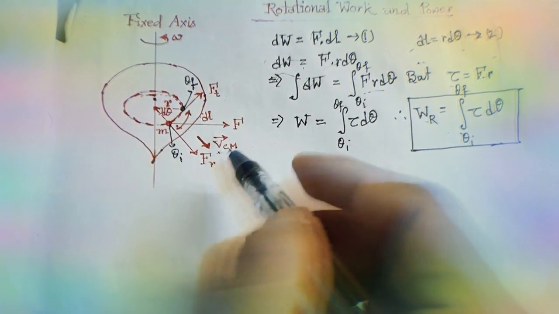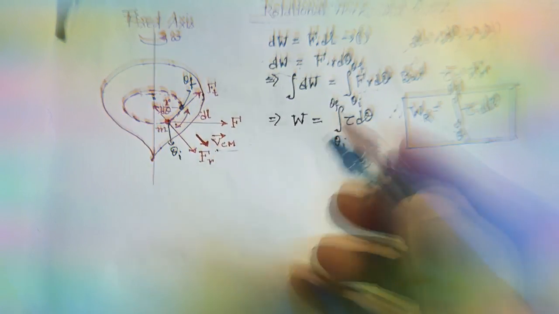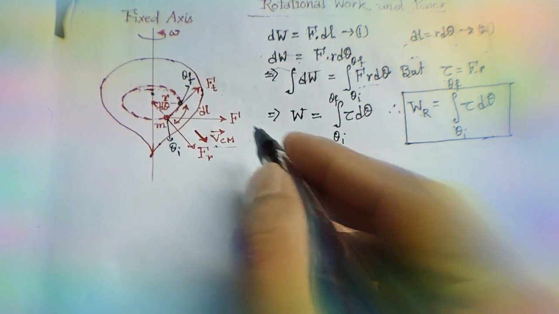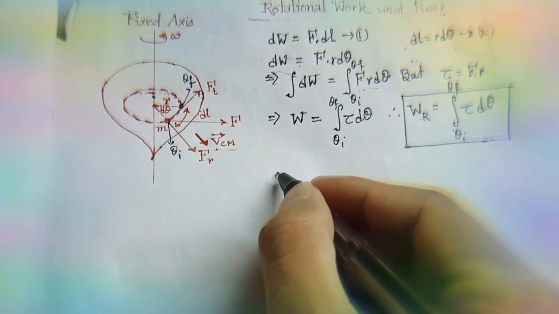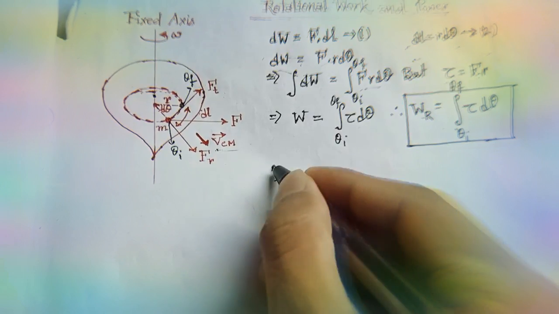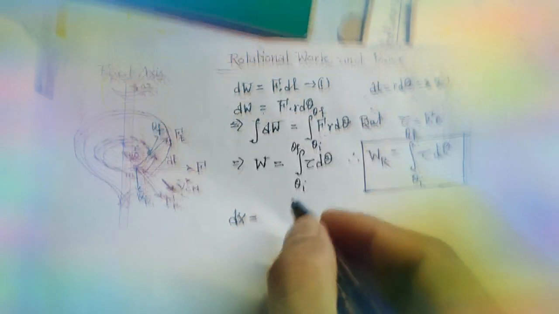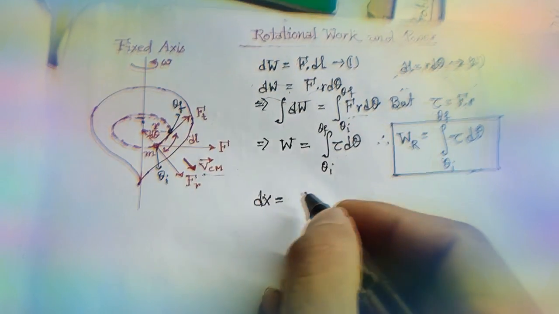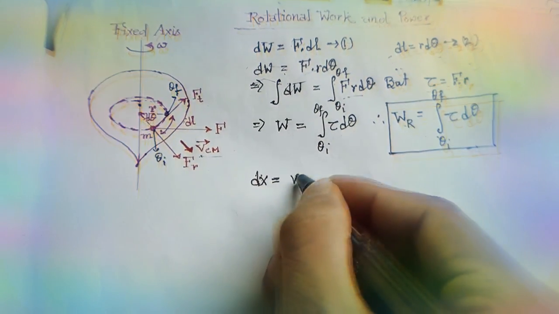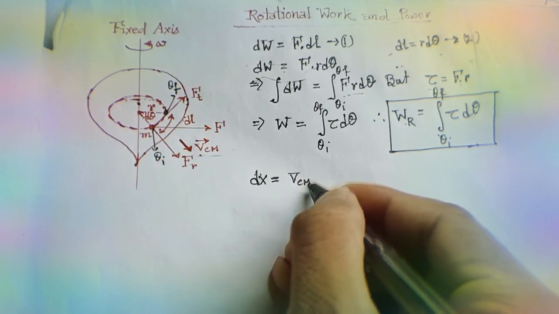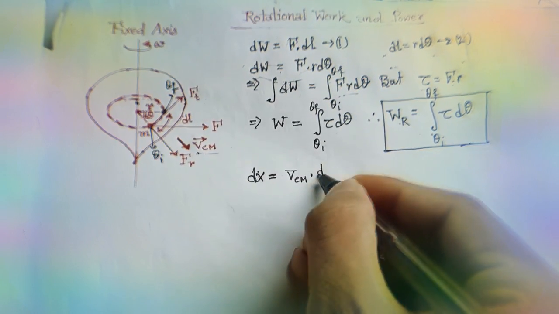By this translatory type of motion, the distance traveled dx will be vcm into dt.